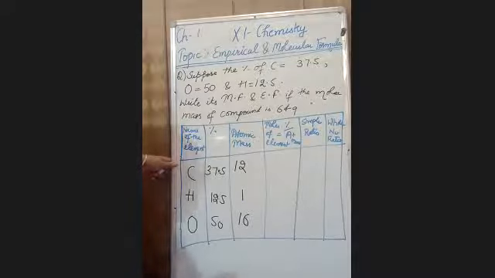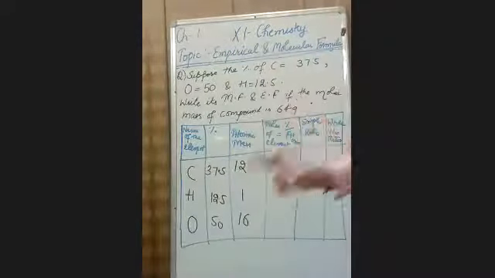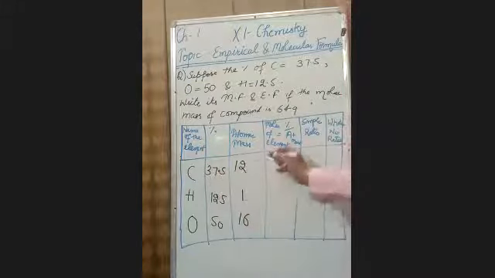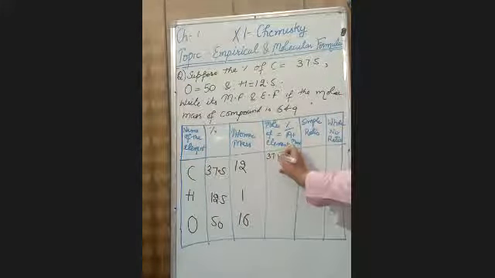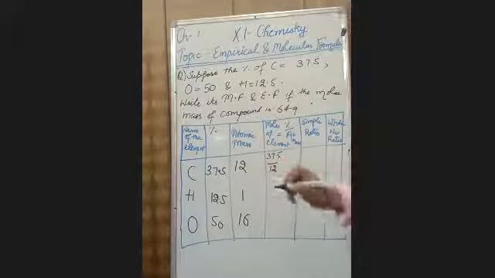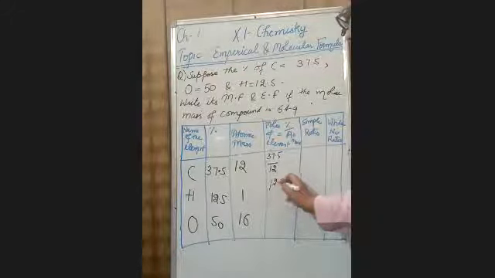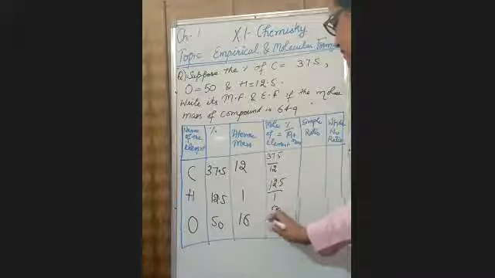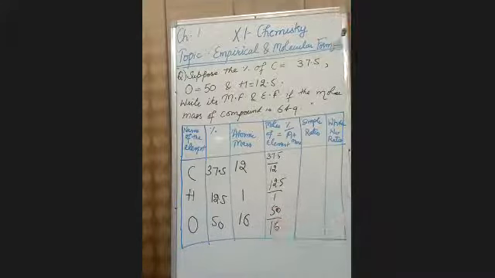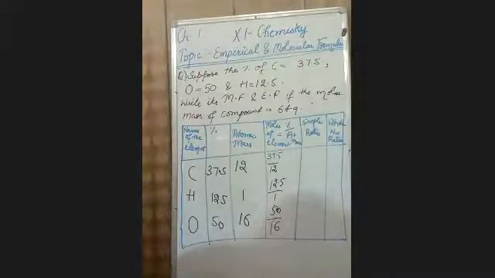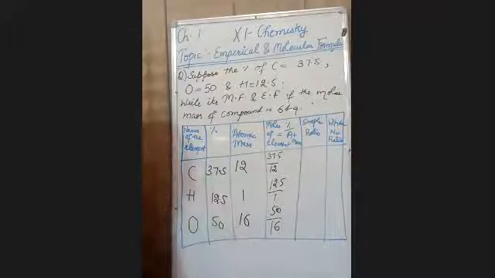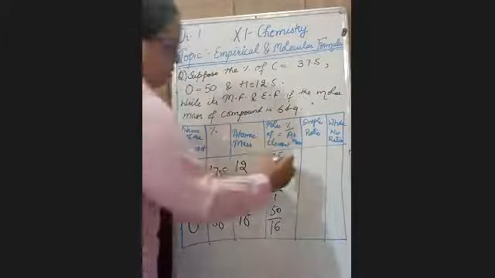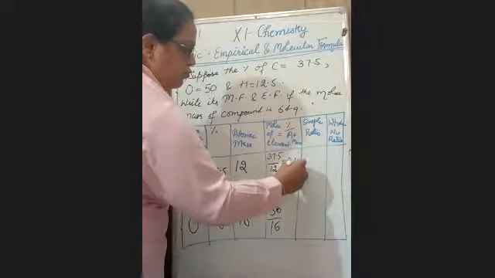Now calculate moles of element, which is given mass over molar mass. So 37.5 divided by 12, solve it. 12.5 divided by 1 and 50 over 16. It is compulsory to make this table. You have to solve in a subjective paper like this. In an objective paper, you can use short tricks. Solve it. It will be around 3.125.